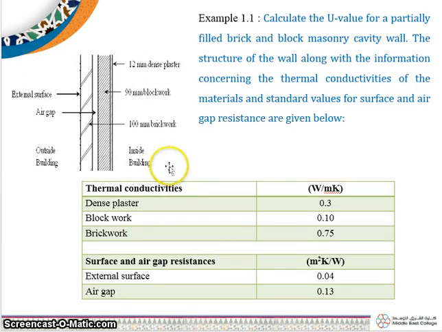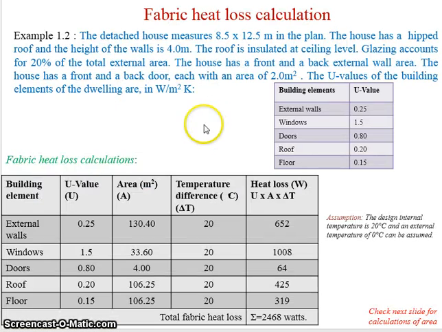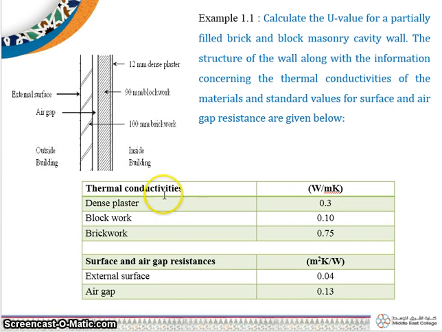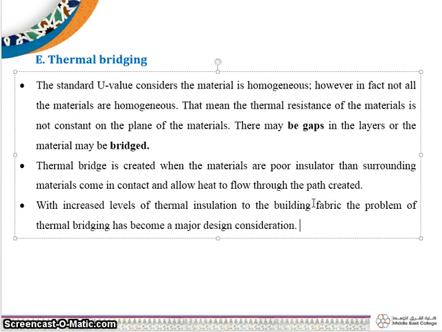From the problem, d is the thickness in meters and the thermal conductivity is given in the problem. So R = d/lambda. Here d is 12, which I converted into meters as 0.012. You know this d, and lambda you can take as 0.3 from the problem. The thermal conductivity of dense plaster is 0.3.